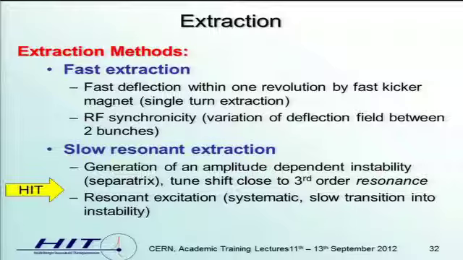having an amplitude-dependent instability of the separatrix. I will come to that. We have a tune shift close to the third order resonance to bring it out, and this resonance excitation can be done in the following way.